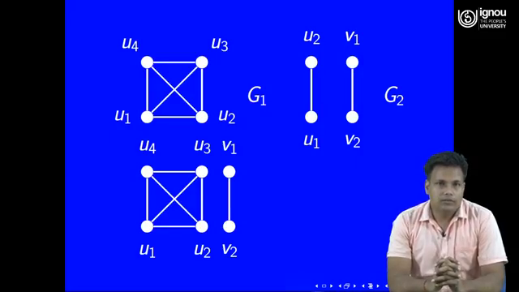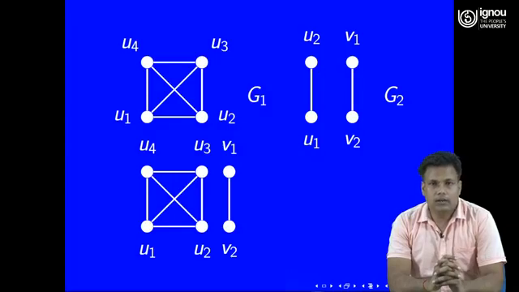Now the union of G1 and G2 is the graph shown below, which consists of G1 along with only one edge of G2, because you can see that the edge U1U2 appears in both G1 and G2, so that will occur only once in the union.